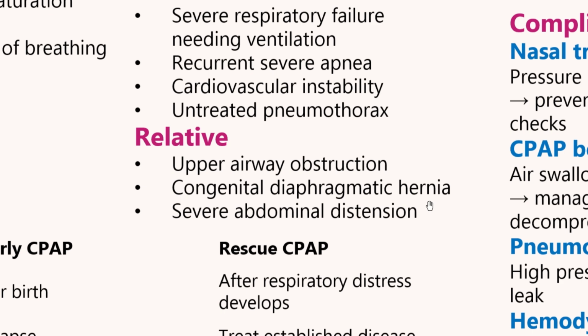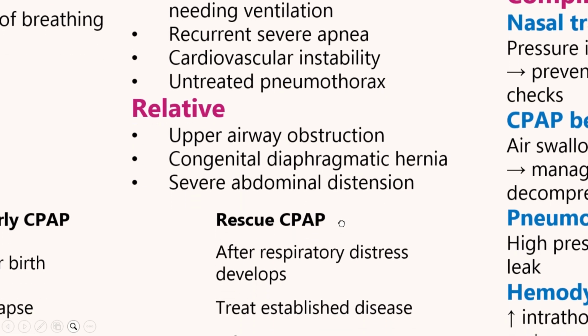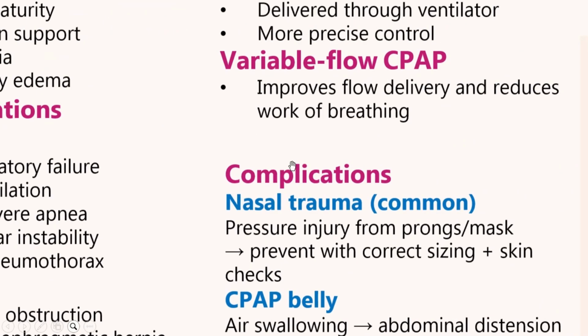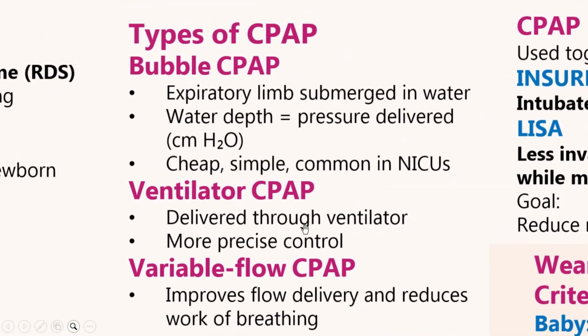CPAP causes the stomach to swell, and then it's going to cause that herniation to occur. Then if someone has severe abdominal distension, then also you don't want to give them CPAP, because we are going to look at the complications of CPAP, and one of them is the CPAP belly, which is due to accumulation of air in the stomach.